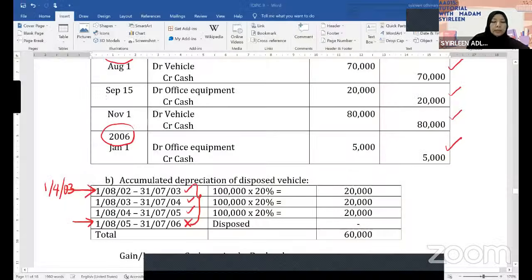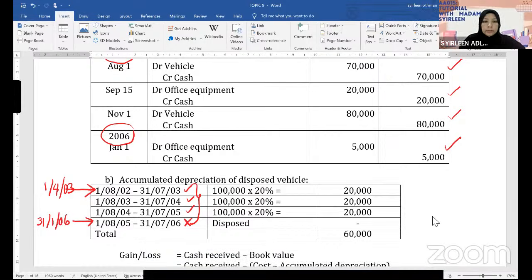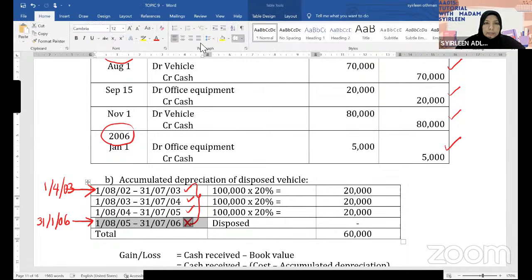So you accident dekat sini 31st of January 2006. So this is the year of the accident. So now my disposal year ialah tahun yang inilah. So untuk ni tak ada sebarang pengiraan for depreciation, the one in yellow.